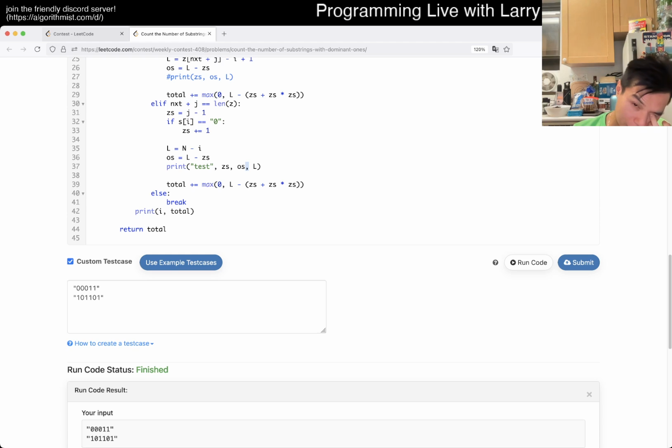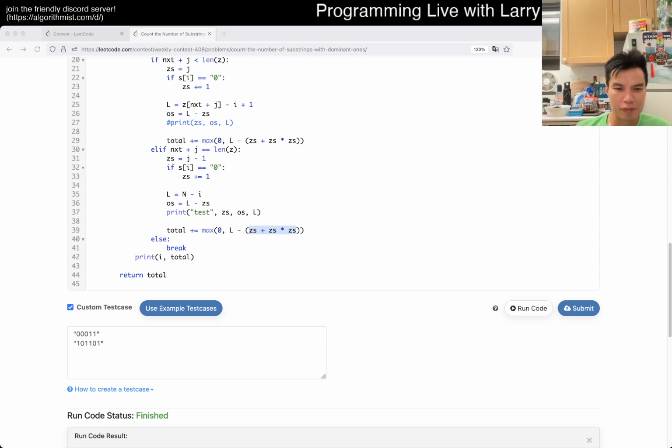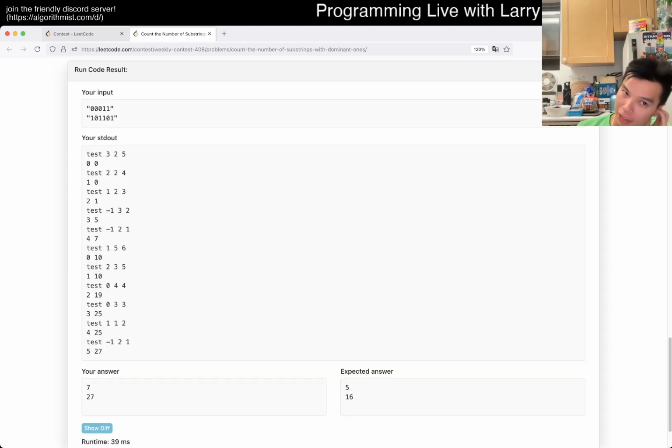Is this right? The degree of freedom? That's the number of ones. So this isn't right, but yeah, maybe this isn't right.